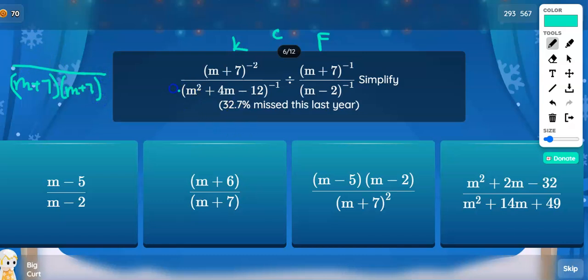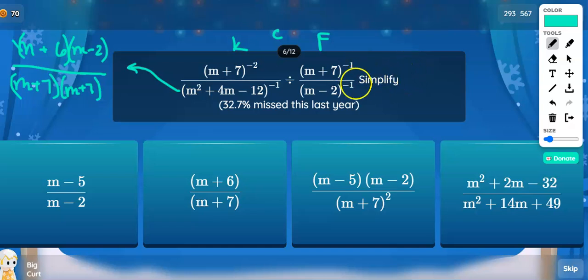I'm going to go ahead and factor this part down. M plus 6 and m minus 2. None of these cancel at the moment, but I'm not concerned until I work it all the way out or simplify it. Then let me make sure something will cancel then.